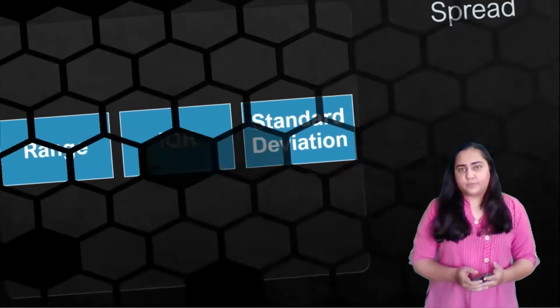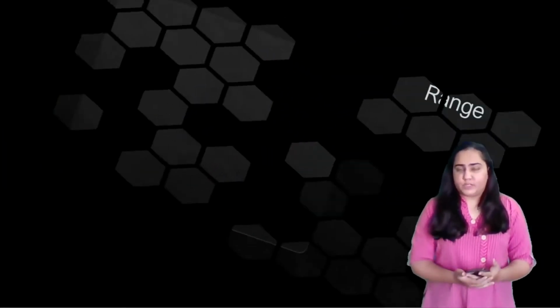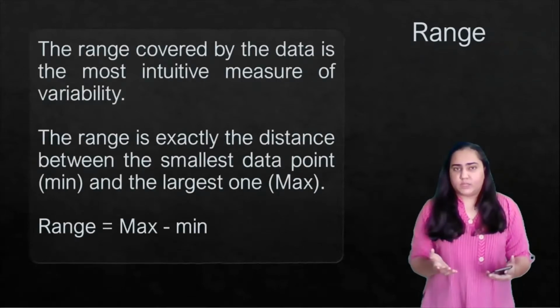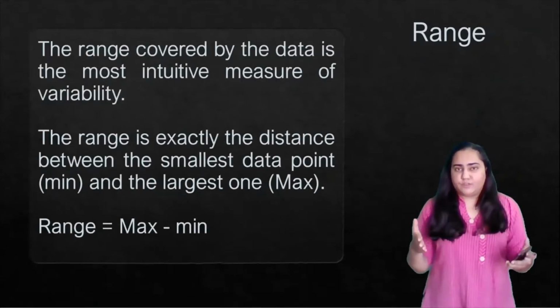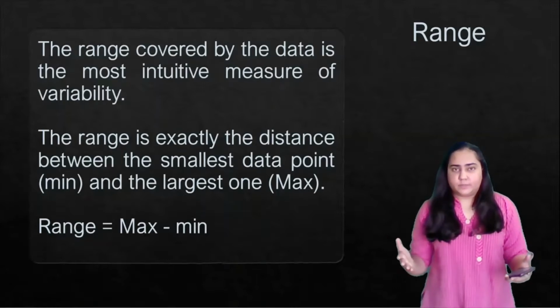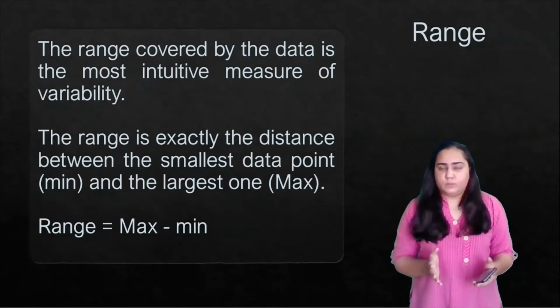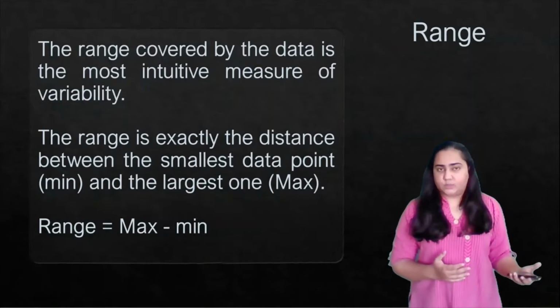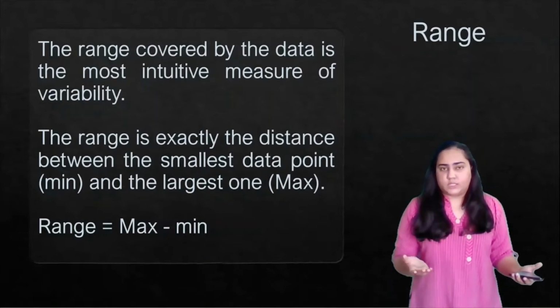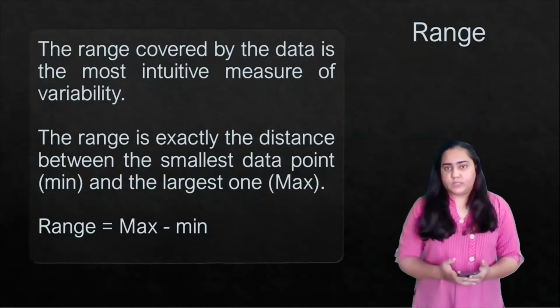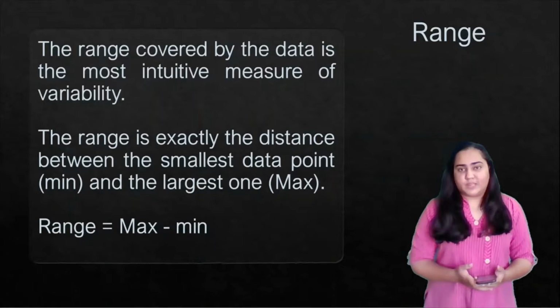So the range, which is the first measure of spread that we are going to study, is nothing but the covering that is done by the data, and it is the most intuitive measure of variability. It is very simple to find out because all you need to do is find the smallest data point in your data set, which is the minimum, and find the largest data point, which is the maximum.